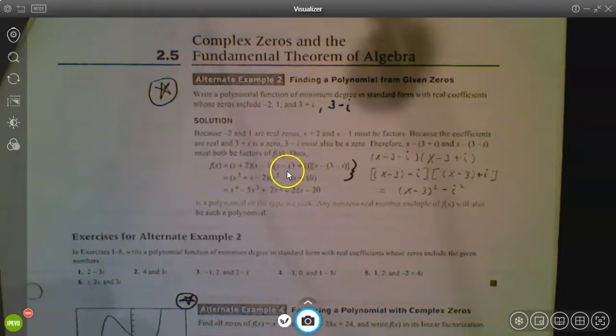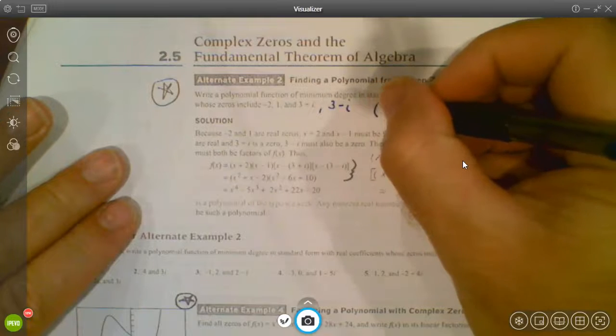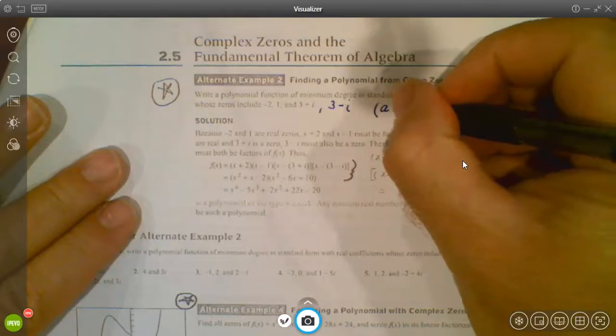What I would have done first is distribute that negative. So I'm going to see this as x minus 3 minus i. So that's what I wrote right here. I'm going to see this one as x minus 3 plus i. That's what I wrote right here. The way that I simplified this goes back to what I showed you at the beginning of this video. When you have conjugates, and I'll just write it out really quick.